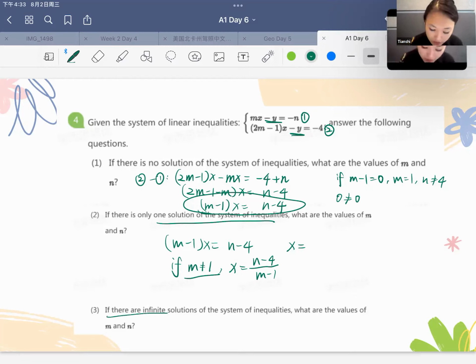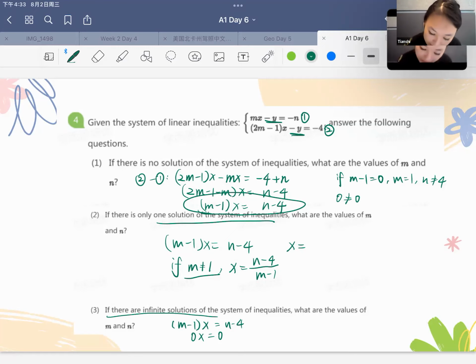And for the third question, if there are infinite solutions for the system, what is the value for m and what is the value for n? So if m minus 1 times x equals n minus 4, it means that no matter what the value for x is, the equation always holds. So if we have 0x equals 0, then whatever the value for x is, the equation will always hold.